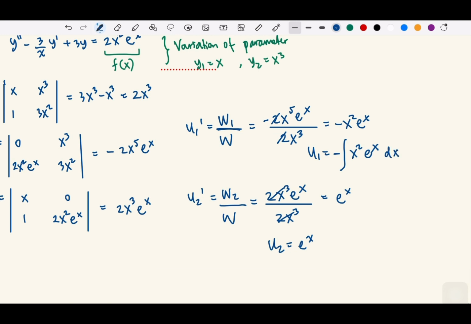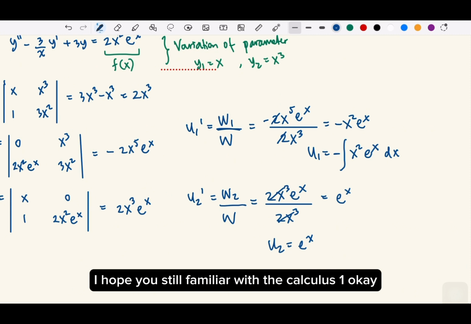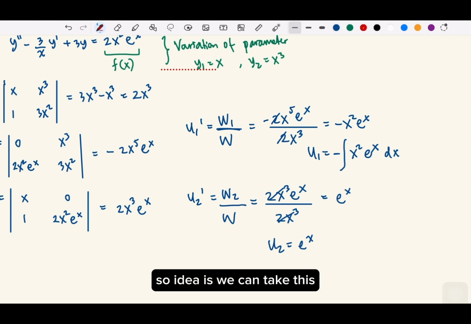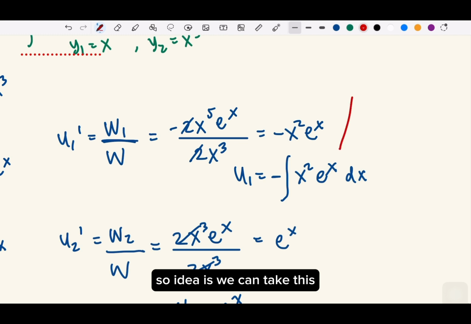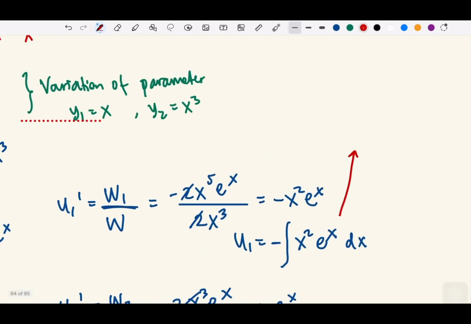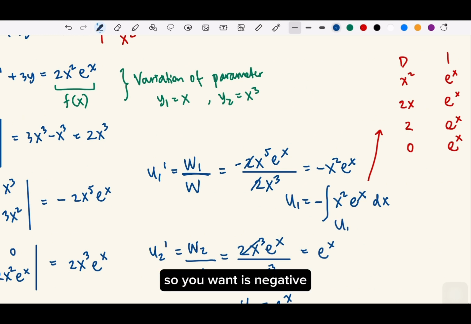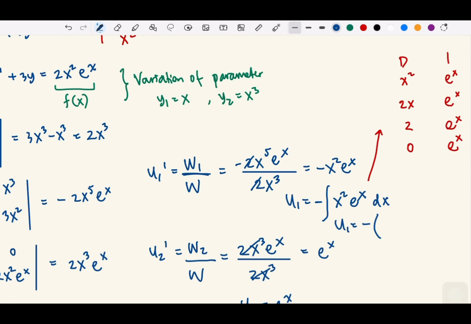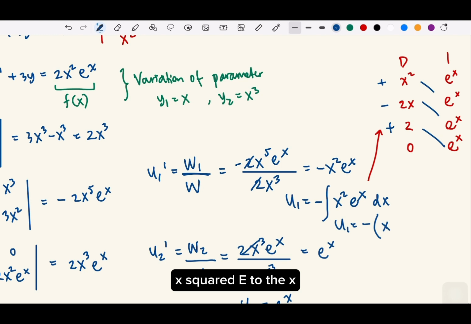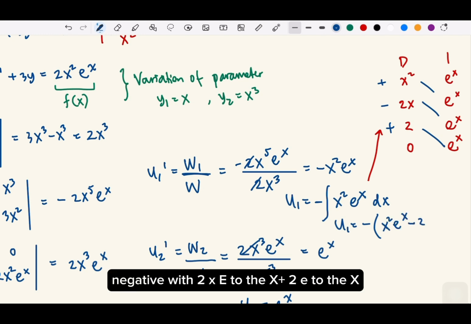And how to integrate this? I hope you're still familiar with Calculus 1. Okay, so the idea is we can take this, so u1 is negative x squared e to the x, negative 2x e to the x plus 2e to the x.